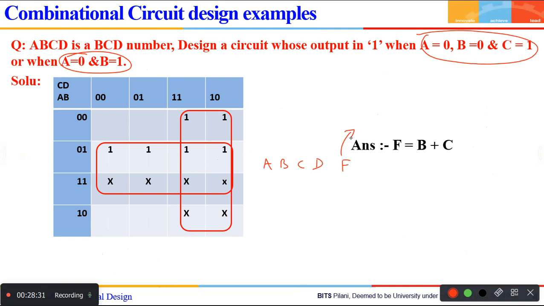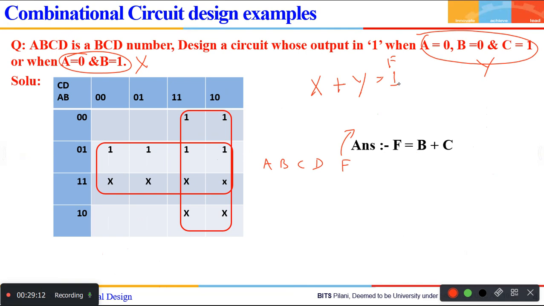I'll just take this as X and this as Y. So when X or Y, your F is equal to 1. The moment you have those combinations, definitely the output is 1, yes or no? It is an OR condition, this or this.